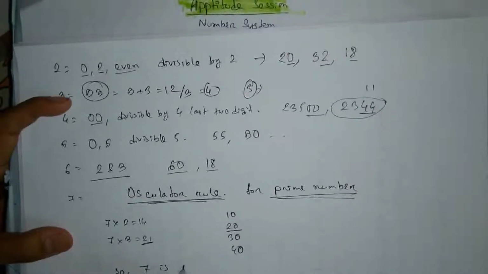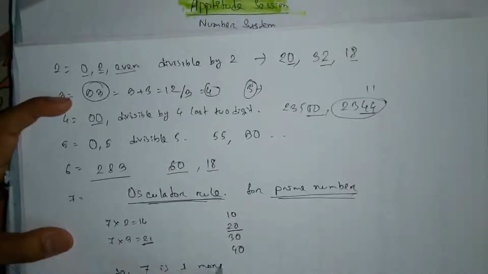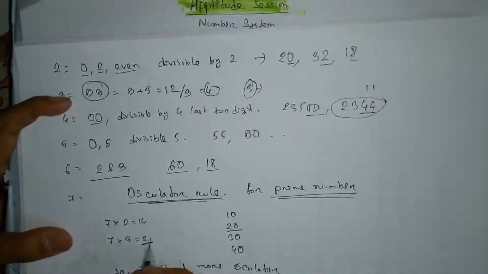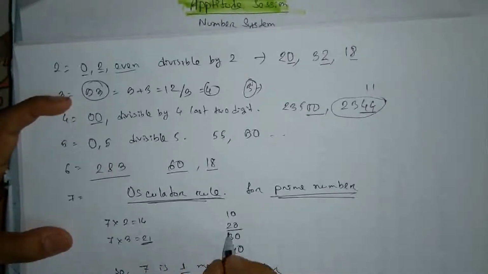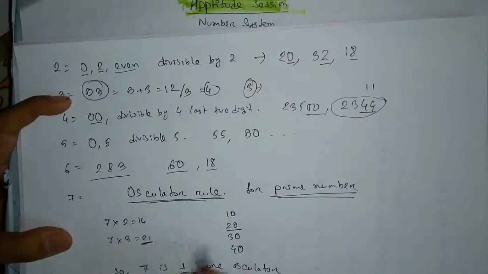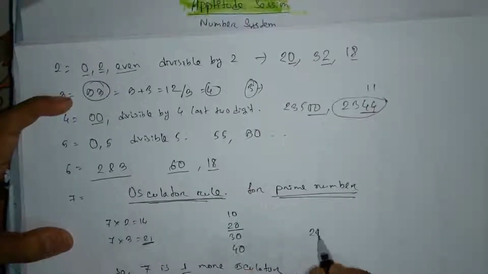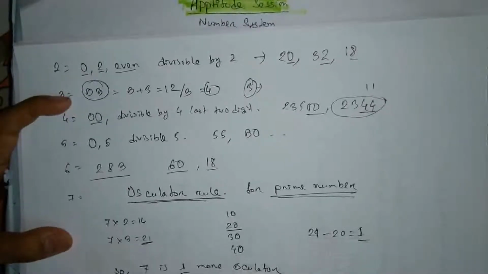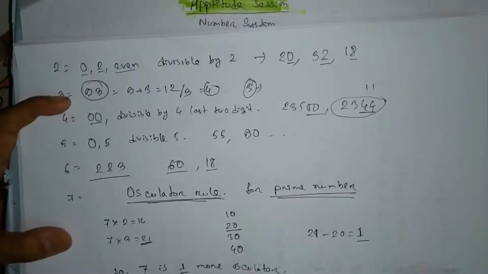So 7 is a one more osculator. Why one more osculator? Because 21 is more than 20. The gap between 21 and 20 is 1, 21 minus 20 equals 1.